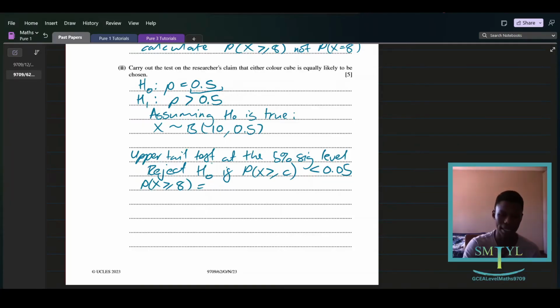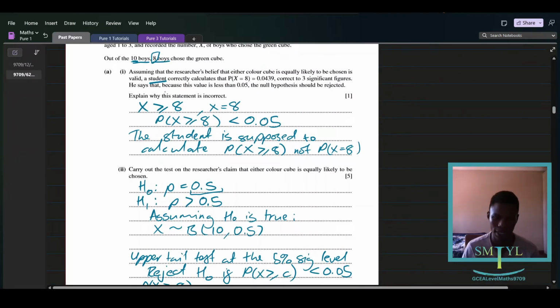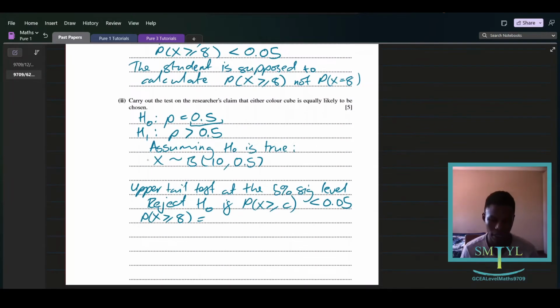The probability that X is equal to 8 was given here as 0.0439. So that will be 0.0439 plus 10 choose 9 times 0.5 to the power 9 times 0.5 to the power 1 plus 0.5 to the power 10.